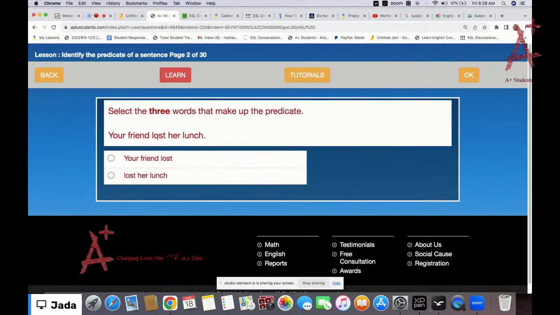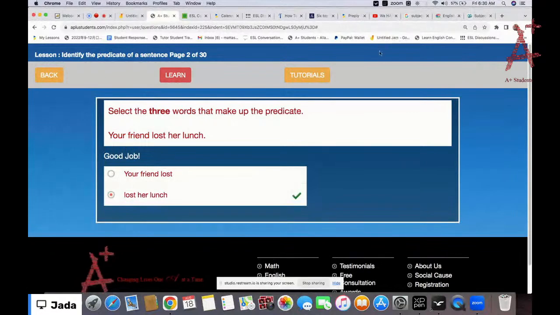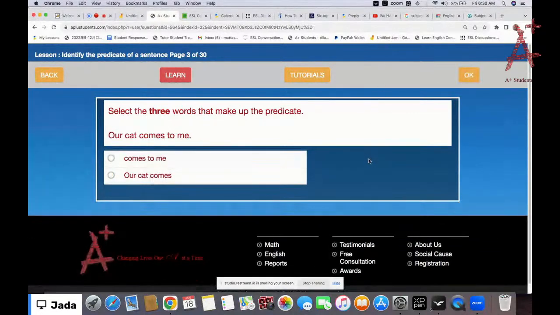Your friend lost her lunch. Your friend is the subject, and lost her lunch is the predicate. Our cat comes to me. Our cat is the subject, and comes to me is the predicate.